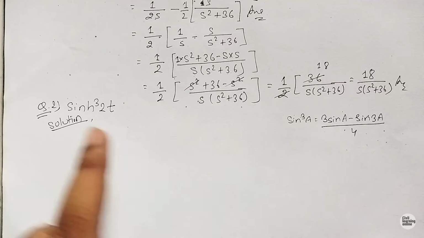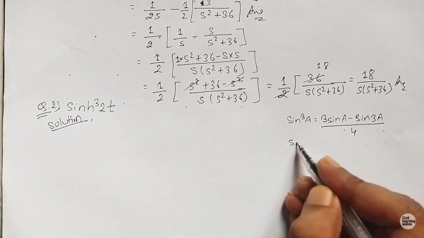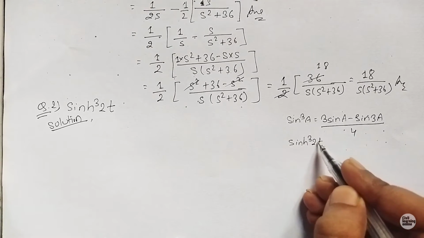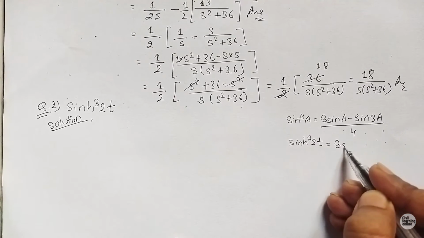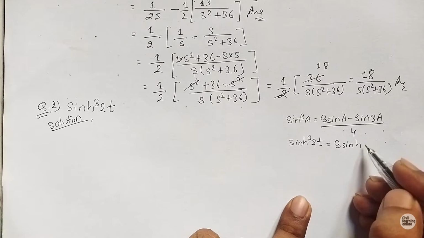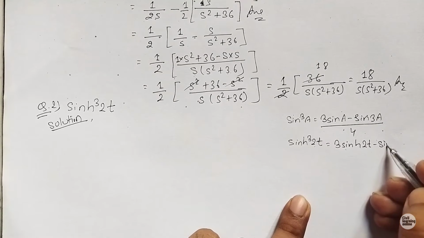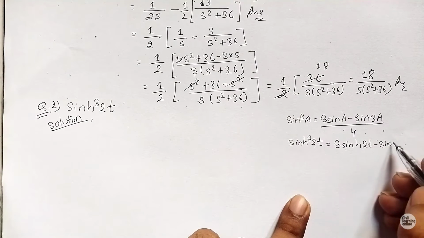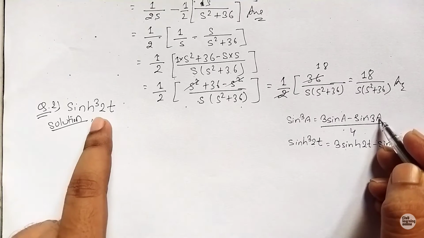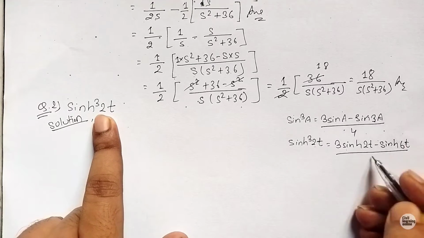Now on equating these two, what we will have here, sine hyperbolic cube 2t will be equal to 3 sine hyperbolic, in place of a we have 2t, so we will place here 2t, minus sine hyperbolic 3a, in place of a we have 2t, so 2 times 3 is going to be 6t, and divide by 4.